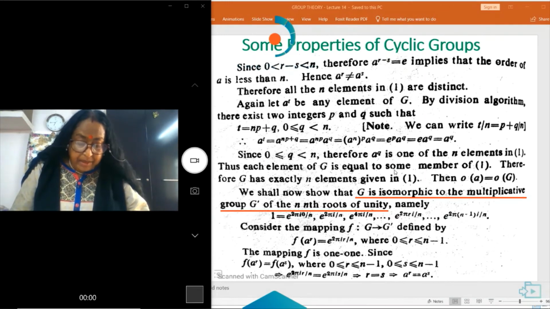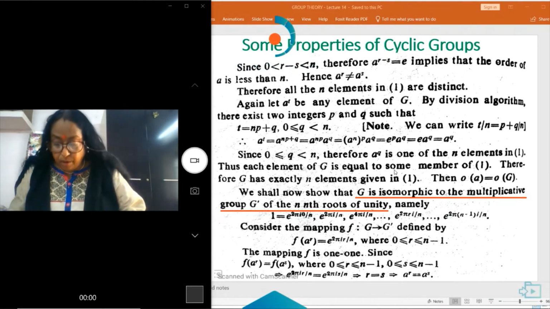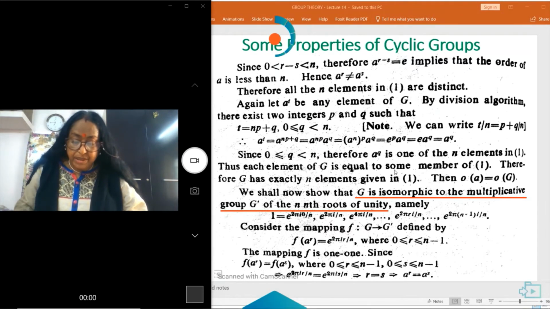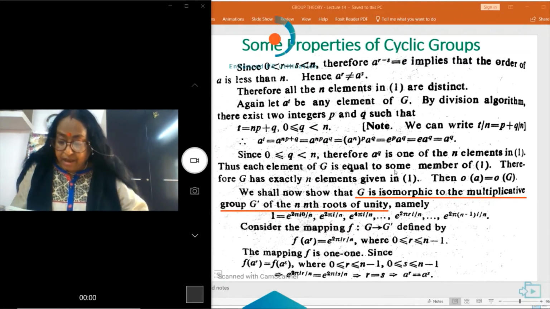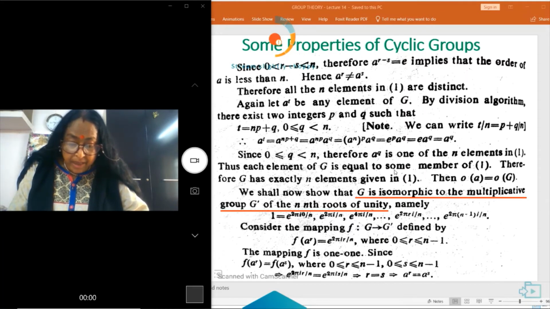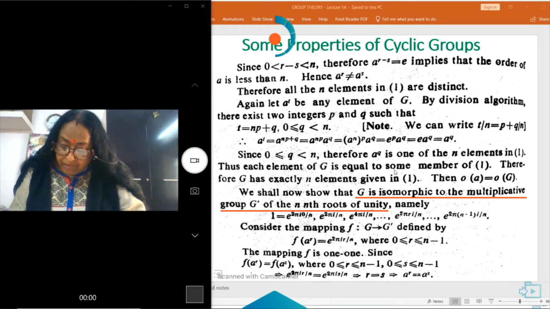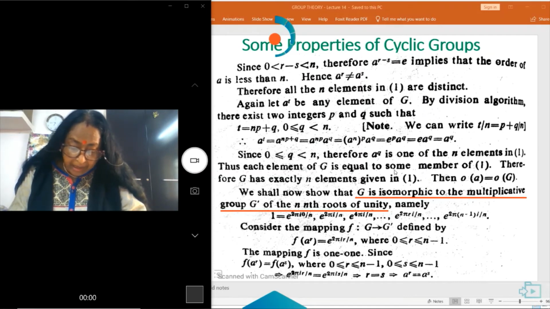That is the nth roots of unity, where r is equal to 0, 1, 2, 3, etc. Consider a mapping f from G to G dash defined by f of a to the power r is equal to e to the power 2 pi i r by n, where r lies between 0 and n minus 1.